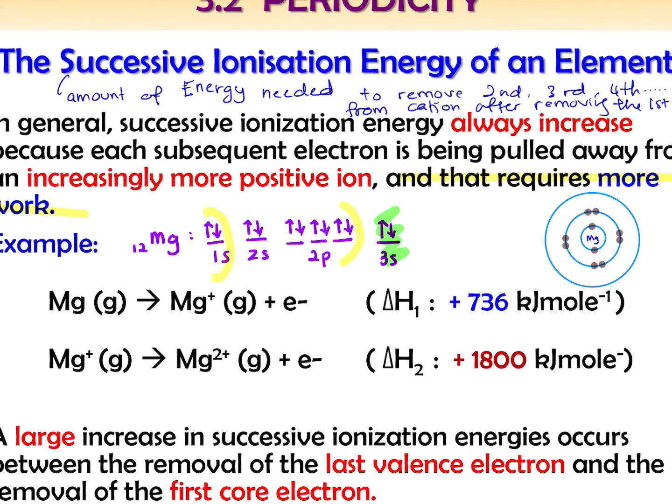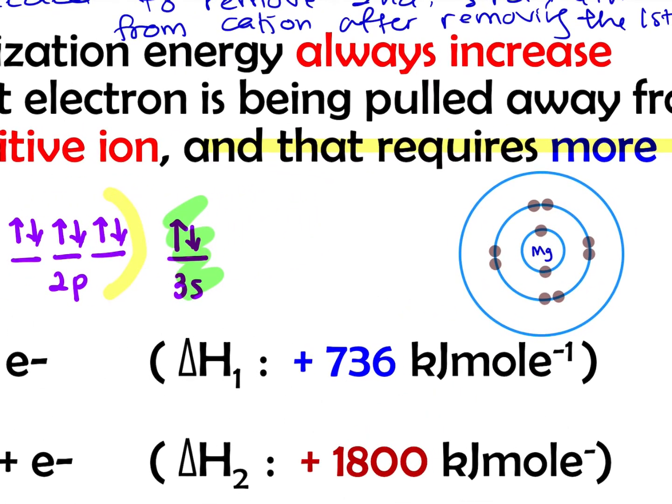Okay, so next, bila dia cakap the third electron to be removed, maksudnya tadi the third electron adalah daripada inner shell. Tadi kita remove dekat n equals to 3 kan, outermost shell. So now kita nak remove daripada n equals to 2. Right, so kita akan remove salah satu daripada elektron di sini.